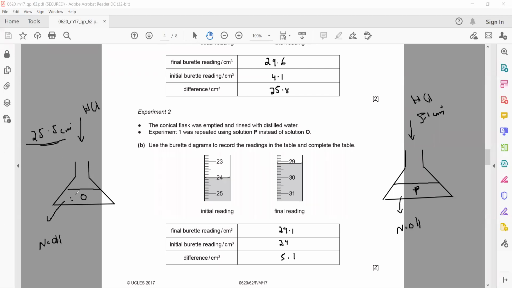But for O, I need 25.5 cm cube of HCl for a complete reaction. So what it shows is that O is more concentrated, or O contains more particles compared to P. Is it clear?